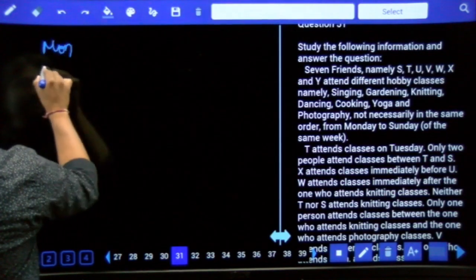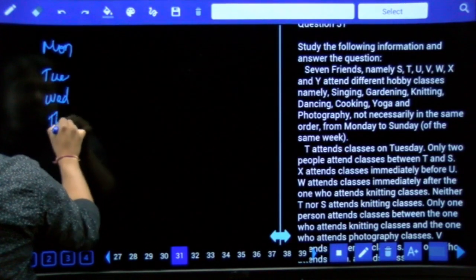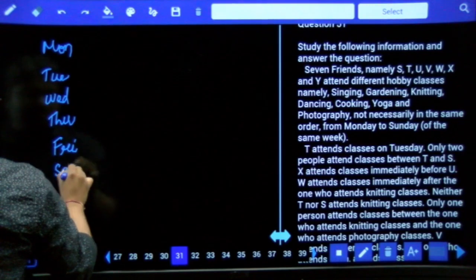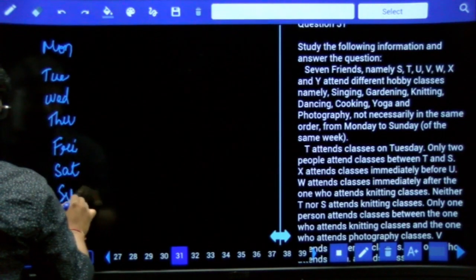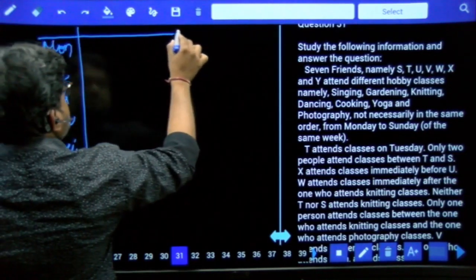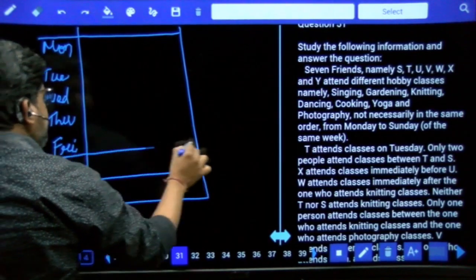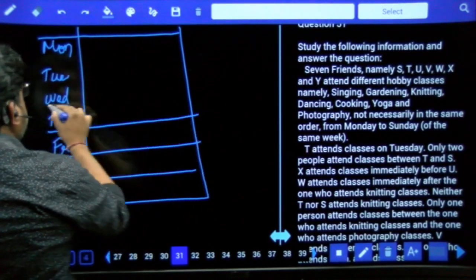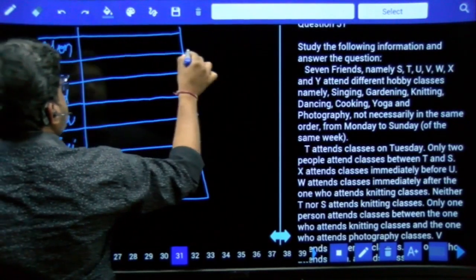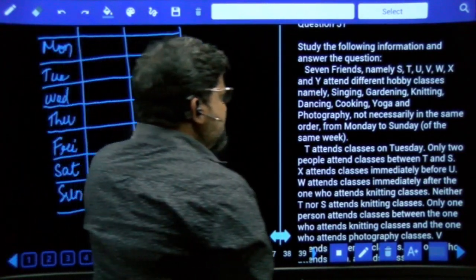The question is based on weekdays. So, person as well as his hobby.